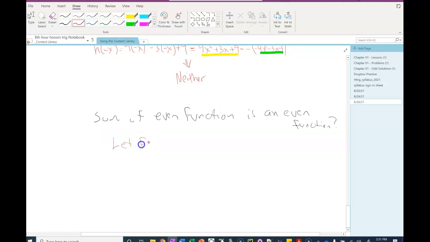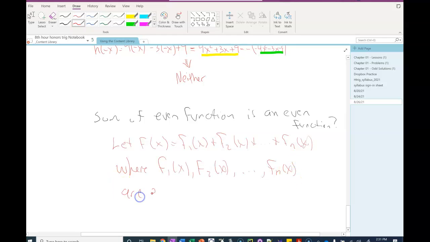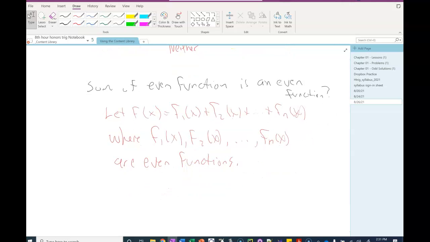So let's say f of x is equal to f1 of x plus f2 of x, yada, yada, yada, plus fn of x, where f1 of x, f2 of x, all the way to fn of x are even functions. So that's kind of our setup here.